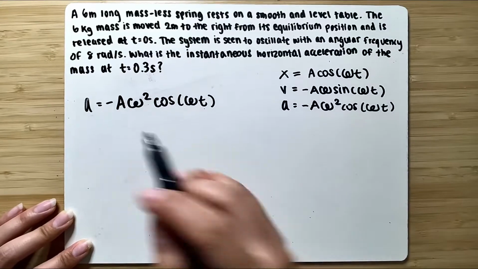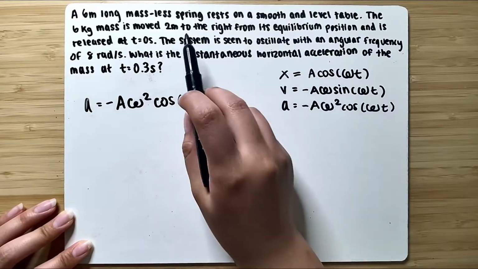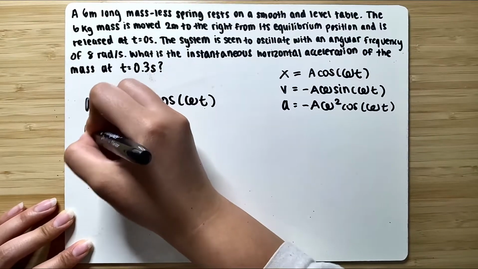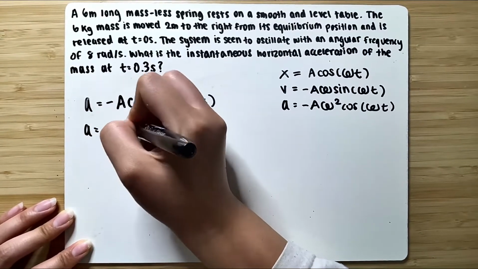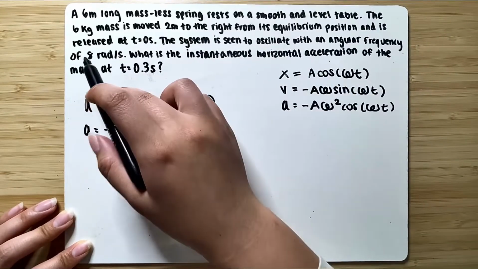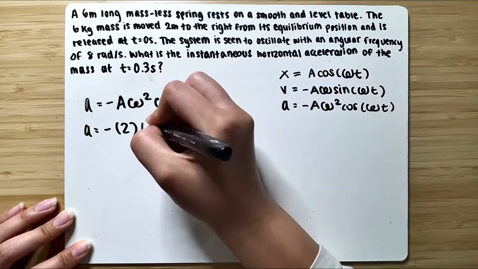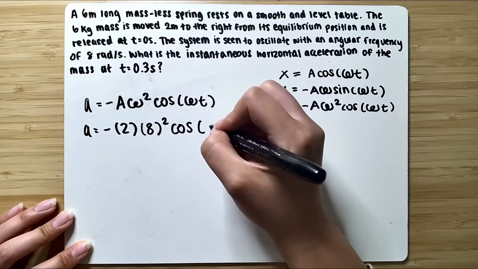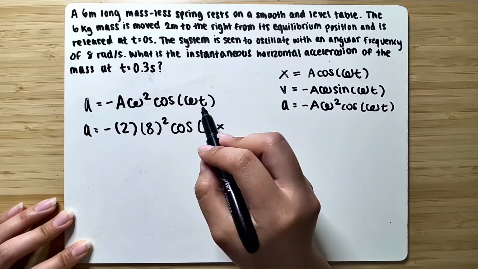Now let me repeat. A is for amplitude, which means the distance from the equilibrium. So in this case, amplitude would be 2. Omega is the angular frequency, so angular frequency is 8 radians per second in this problem. Cosine omega t again, which is 8 multiplied by the time.